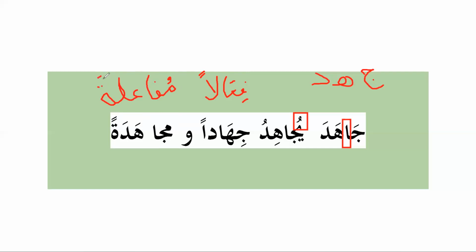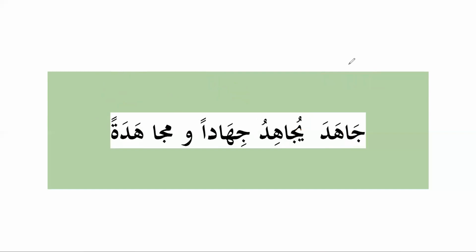So that's the pattern for the second masdar. Jahada, yujahidu, jihadan wa mujahadatan. So this is past tense, present tense, then two masadar. Let me clear this and go to the next one.